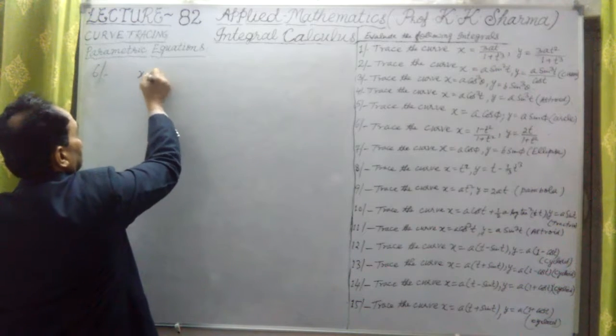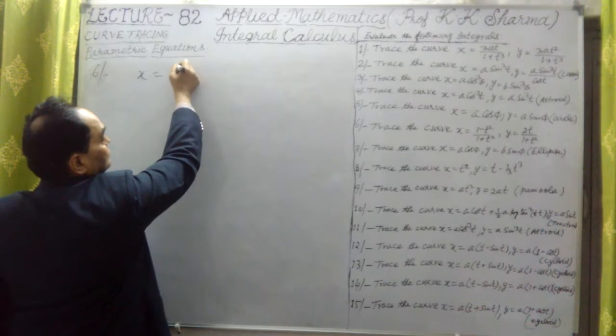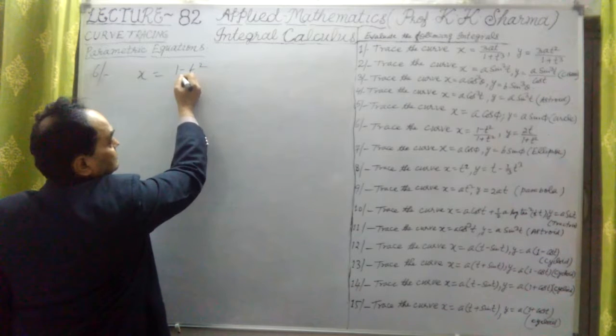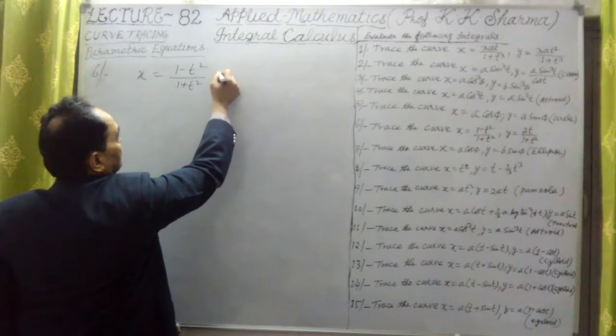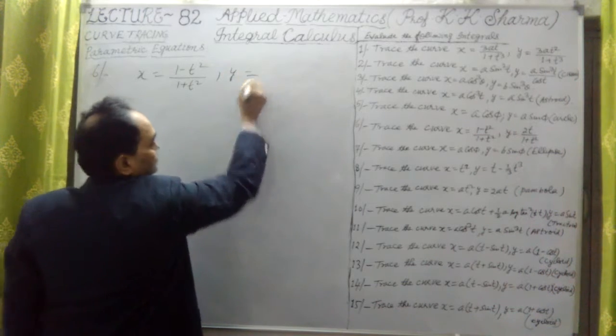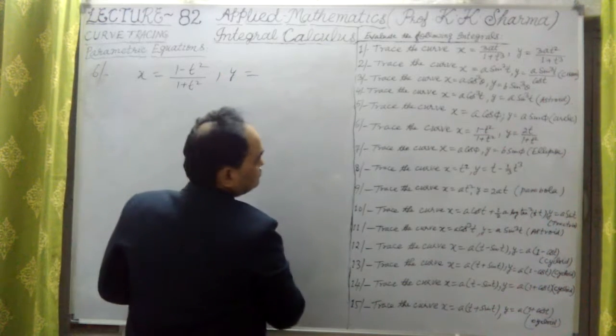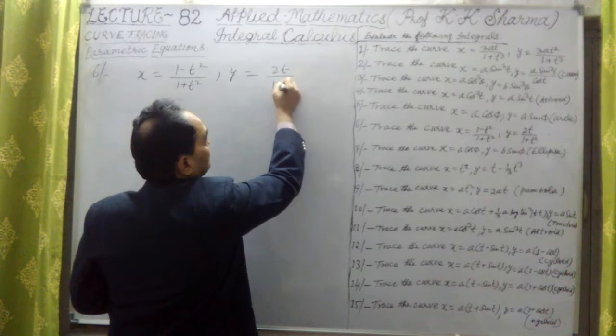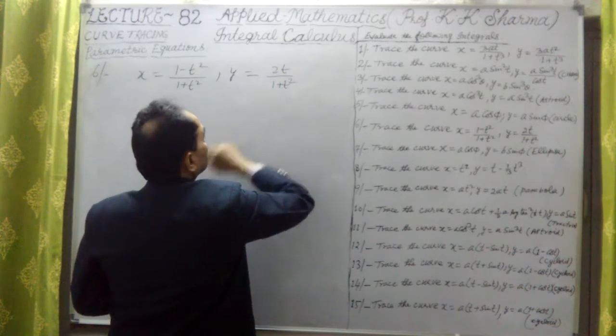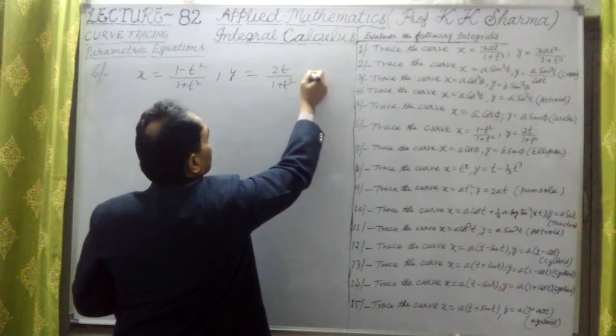This is x equal to (1 minus t square) upon (1 plus t square), and y is equal to 2t upon (1 plus t square). Okay, this is the second equation.